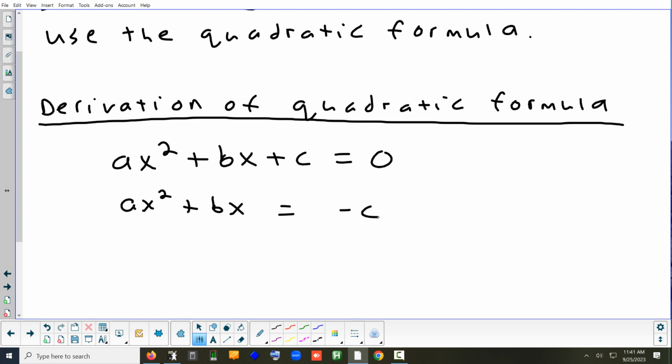Now the second step is you need to make sure when you are completing the square that there is a certain number in front of x squared. Does anybody remember? The constant? Well, the constant we put on the other side.